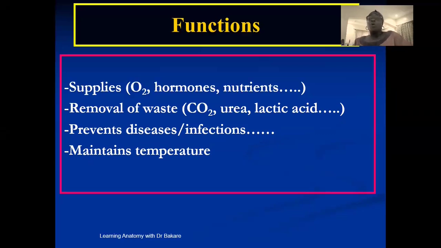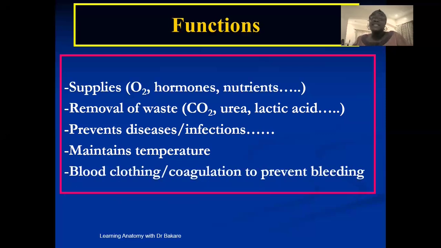When vasodilation occurs, it leads to the expansion of the wall of the vessels, and this increases the volume of blood that passes through this region. Running under the surface of the skin, the heat will be released, and this is how it helps to control or maintain temperature when the situation arises.